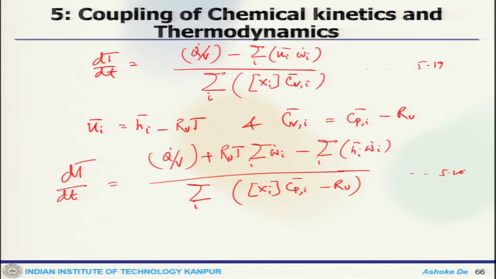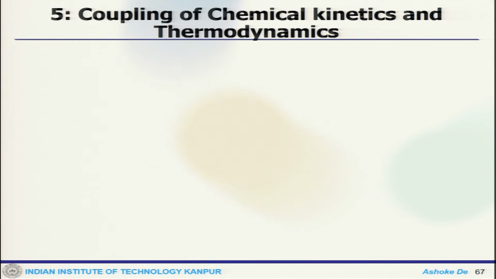So, this is what we get, and here dP by dt is quite important. This is important for this V equals constant case, because in the P constant case that term disappeared. In this case it will not disappear, and that would be quite important.